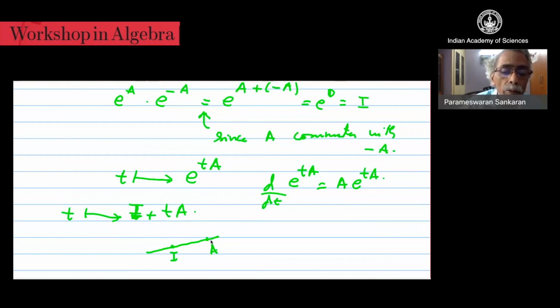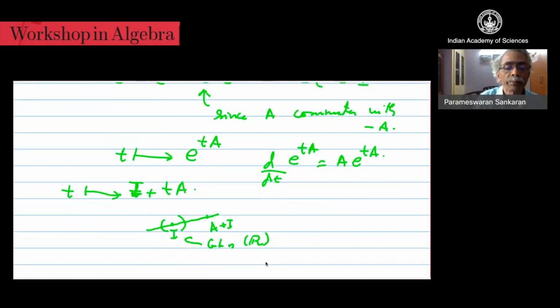Sorry, when you put t equals 1, you get I plus A. The whole straight line may not be in GLn, but when t is very small, a small line segment is contained in GLn R. This much part of the straight line is in GLn R. This is what I was saying, if that was the concern there.